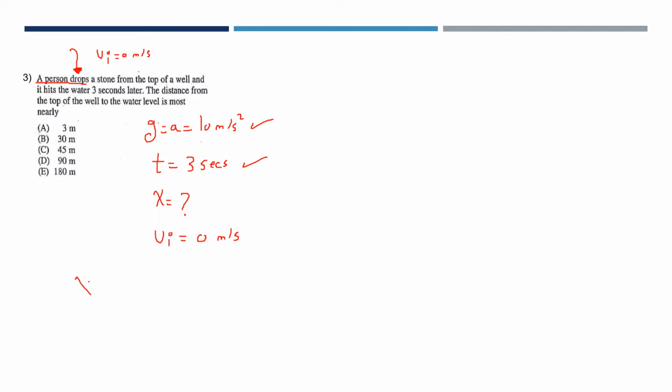Yes, it's the second equation. X equals V initial t plus half a t squared. The initial velocity is 0 so this term is cancelled out. We have half times acceleration, which is 10, times time squared, which is 3 squared. Half times 10 is 5. 3 squared is 9. 5 times 9 is 45 meters. The answer is C.